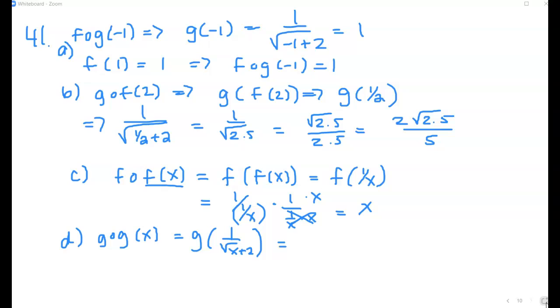So then you get 1 over the square root of 1 over the square root, and that cannot algebraically be simplified. Okay?